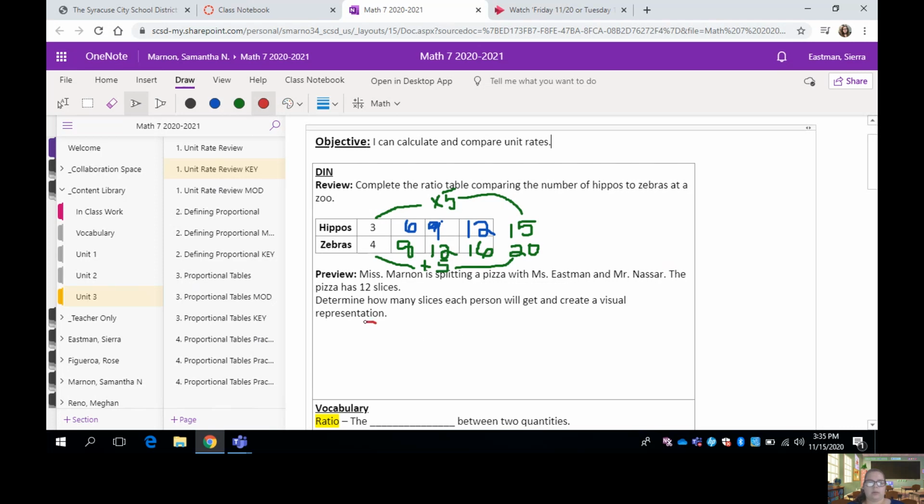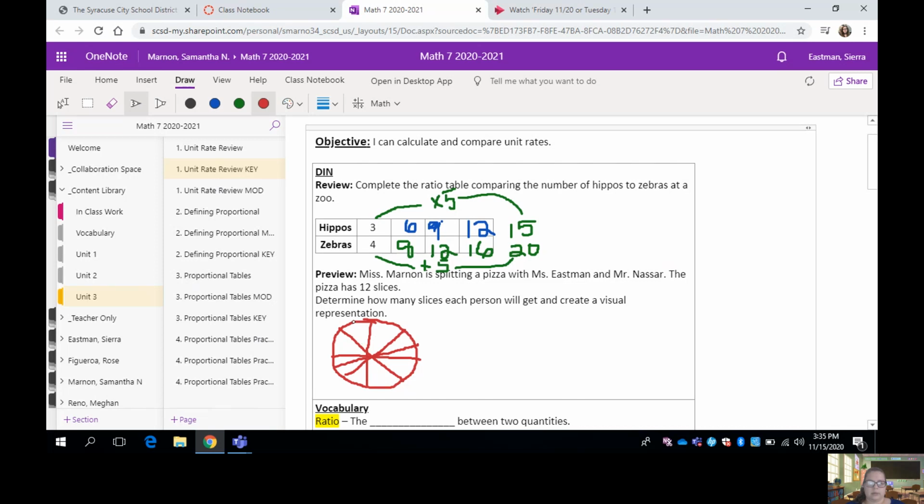We can draw our pizza here, split it up into 12 slices, and then go one by one to see how many slices each person is going to get. Or we can use our division skills, right? And divide 12 over 3 and get our answer that way as well. So I'm going to try both.